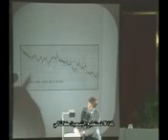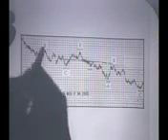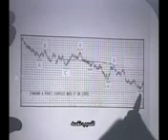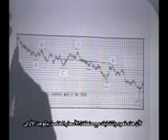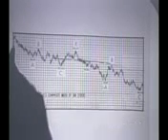Why can we not label this AB 1, 2, 3, 4, 5? Because you'd be counting this as a wave 1, and wave 4 would come back into that price territory, and that's not allowable. Why could we not go 1, 2, 3, 4, 5 for A, B, C? Same reason. Because this overlaps, comes back and overlaps the price territory of wave 1.